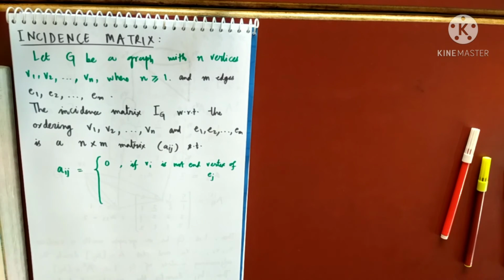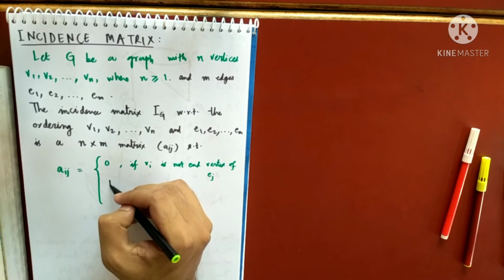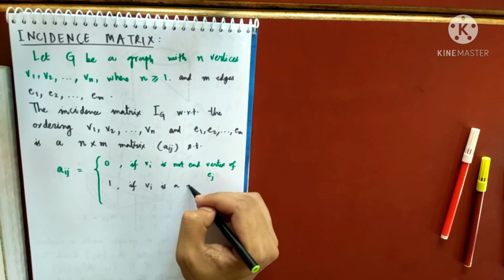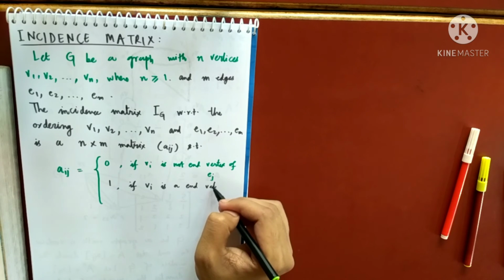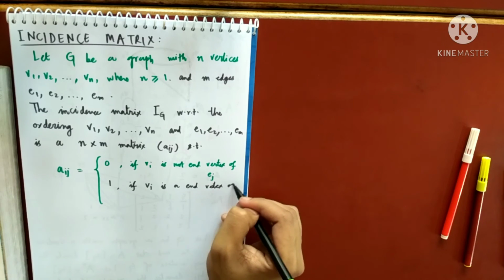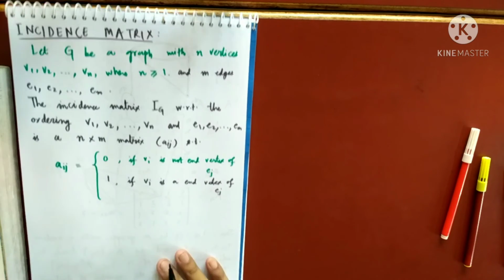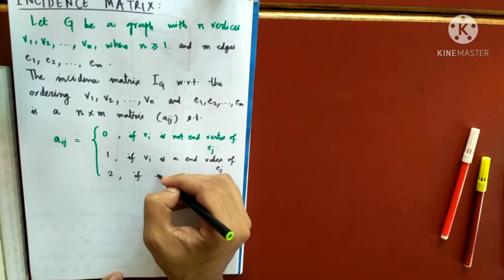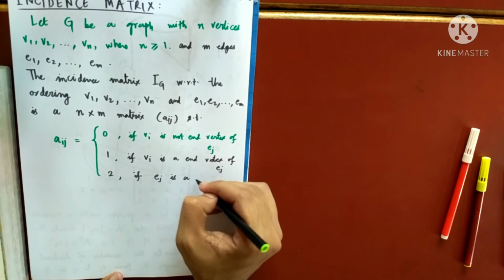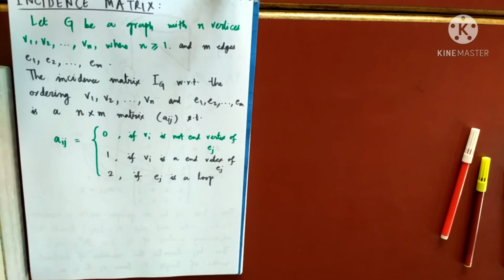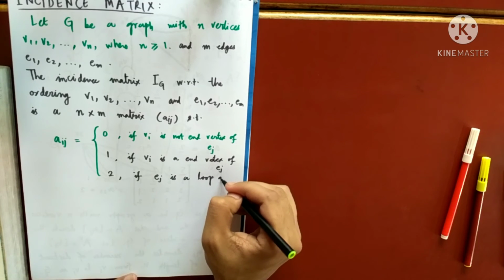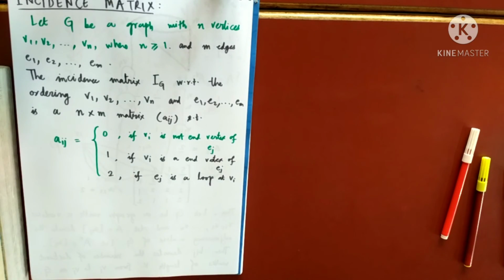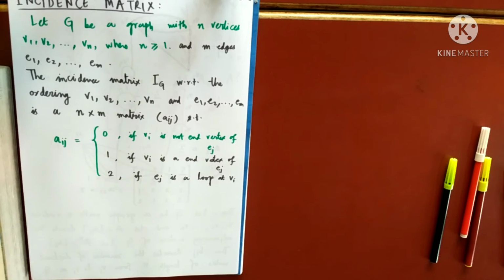It is 1 if Vi is an end vertex of Ej, and it is 2 if Ej is a loop at Vi. Don't worry, what I have written you will understand everything.